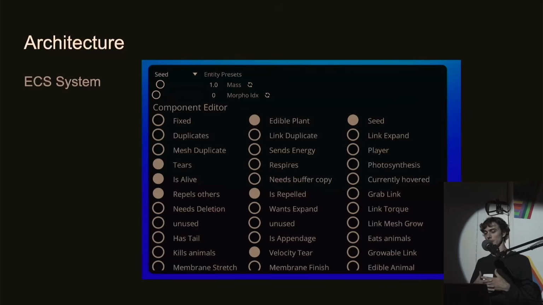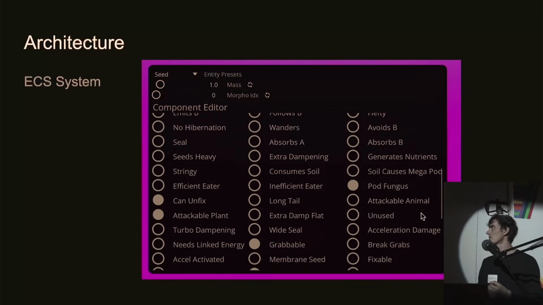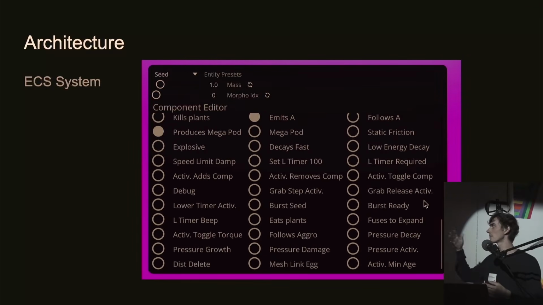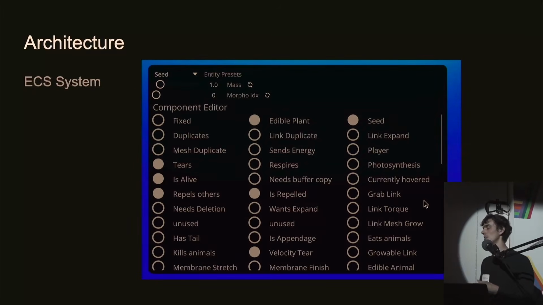A really simple entity without any sort of living or interesting properties would just have repulsion. It's just like a physics particle. It's inert matter. But there are a whole bunch of different interesting ones that we can combine, mix and match.